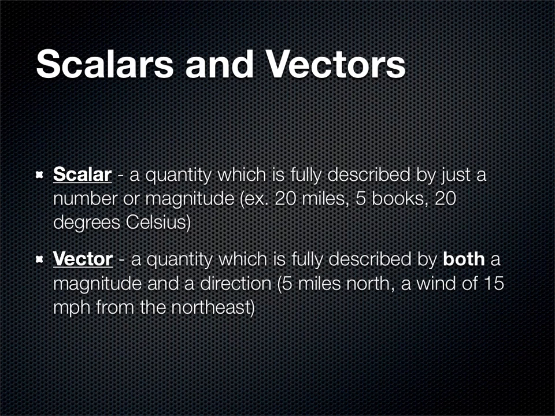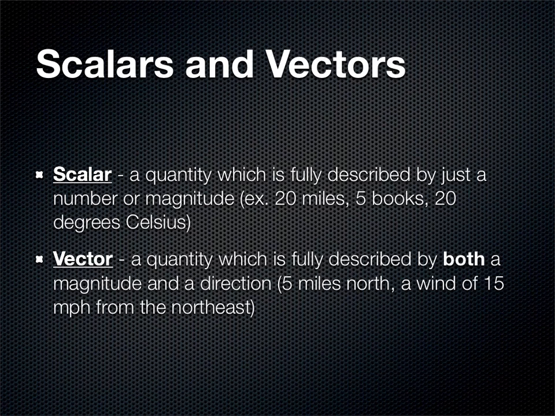And that's in contrast to a vector. A vector is a quantity where you have to state two things to describe it. The two things are both a magnitude, a number, just like the scalar, but also you have to specify a direction. Vectors are things where direction really matters. Although I could say I go 5 miles, that would be a scalar quantity called distance.